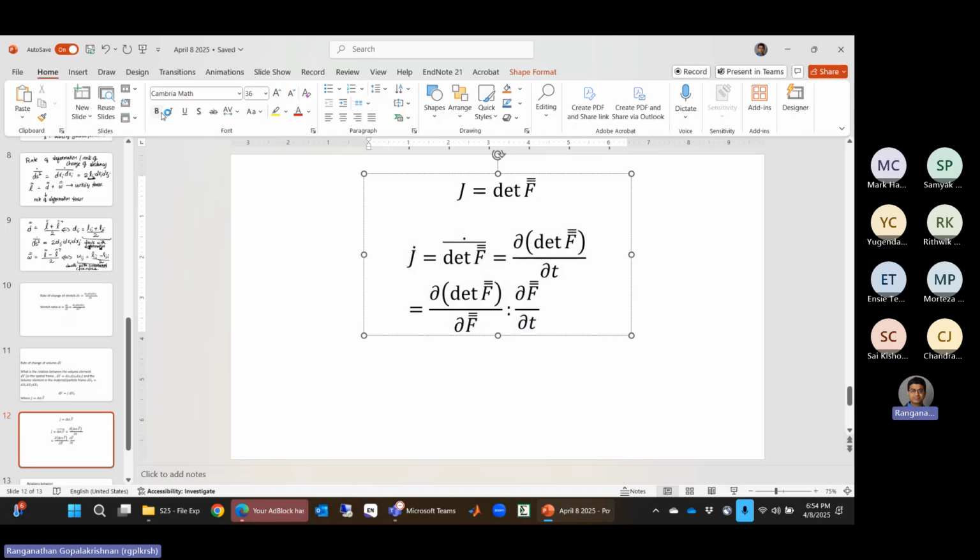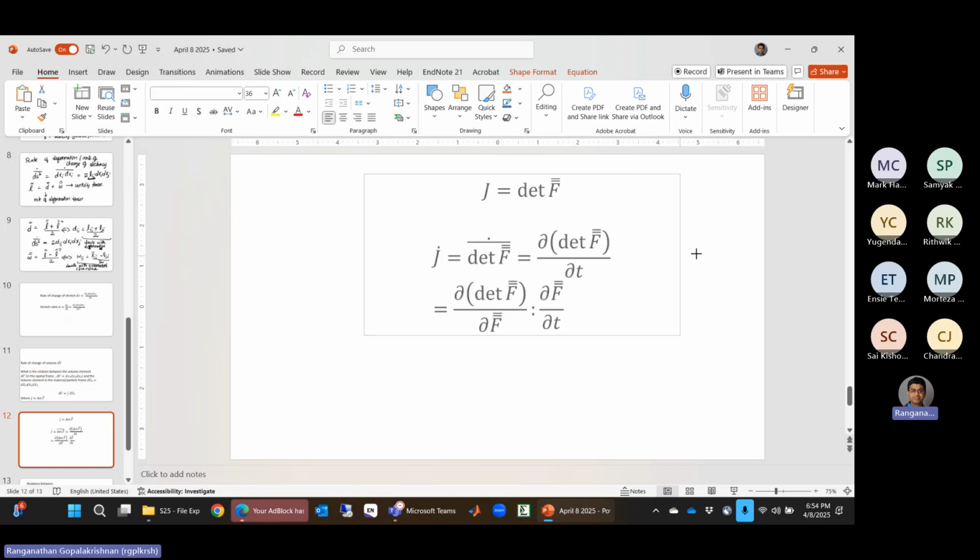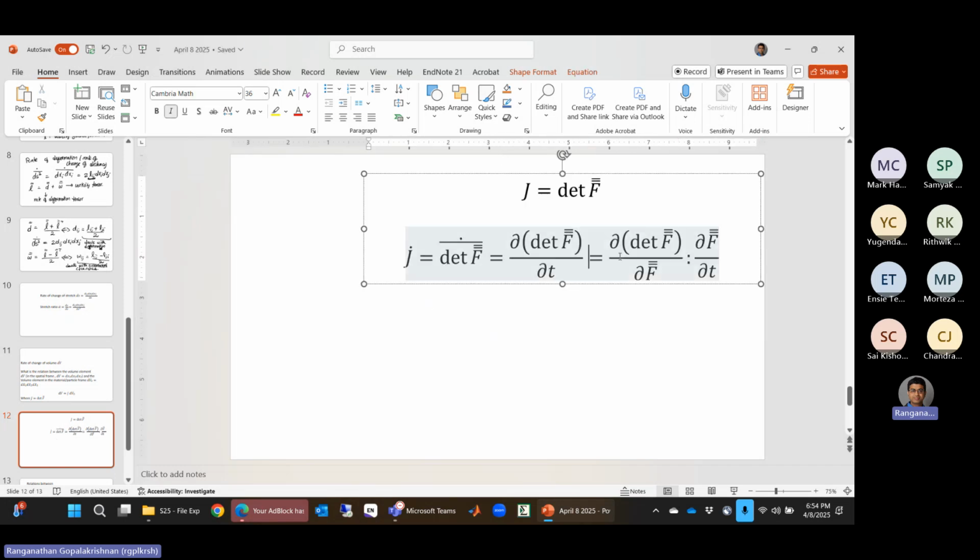All right, before we go further, I would like you to take a good look at this part here, and tell me if you're okay with this manipulation. Yes, okay. All I've done is apply chain rule.